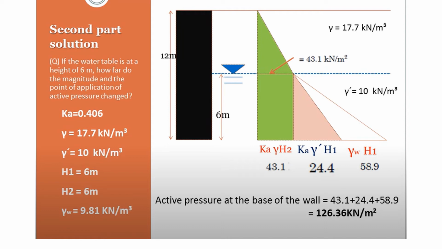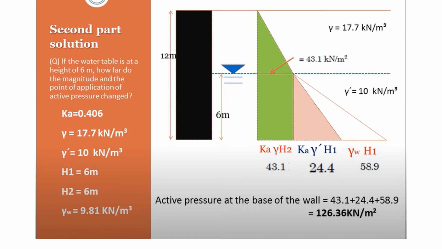And that pressure distribution diagram has to be extended downward, and that value is given as Ka gamma H2. And then next, you have to draw the pressure acting on the retaining wall due to this submerged soil, that is, the soil which is below the water table, and whose submerged unit weight is not given. So you are assuming that the submerged unit weight of the soil is 10 kilonewton per meter cube.